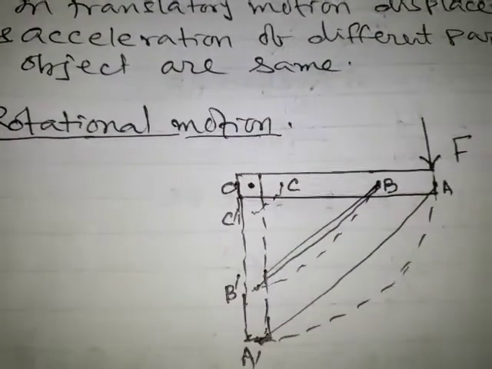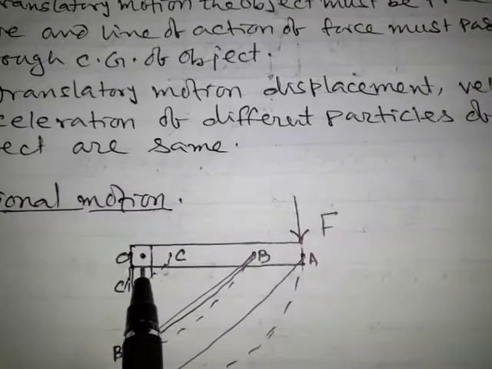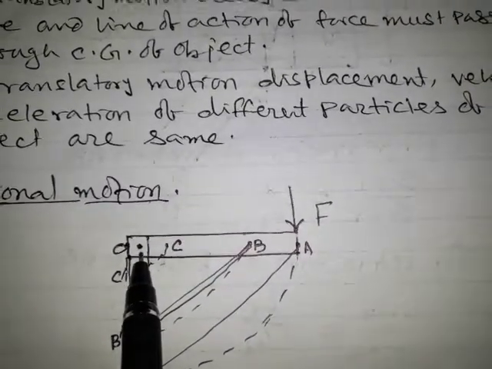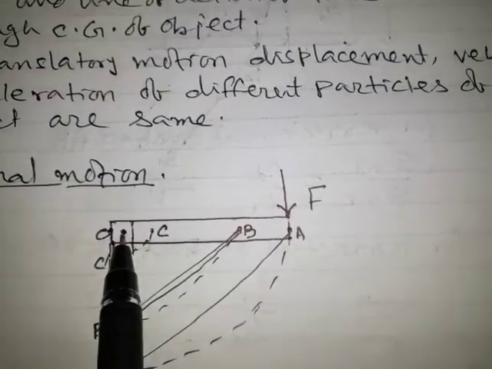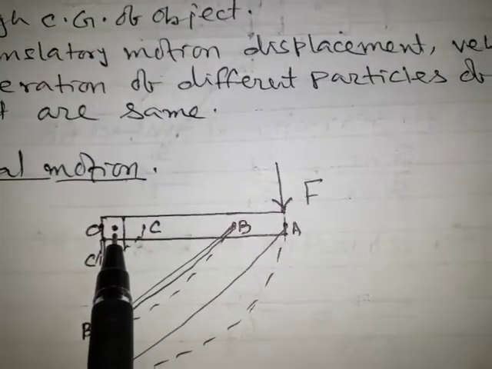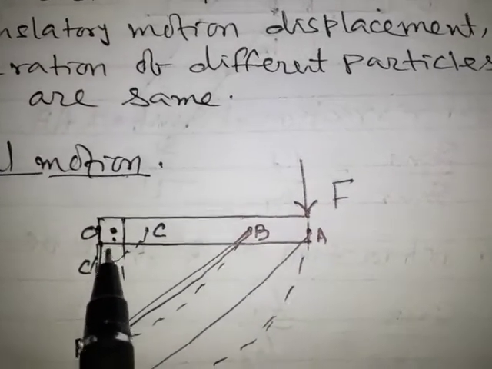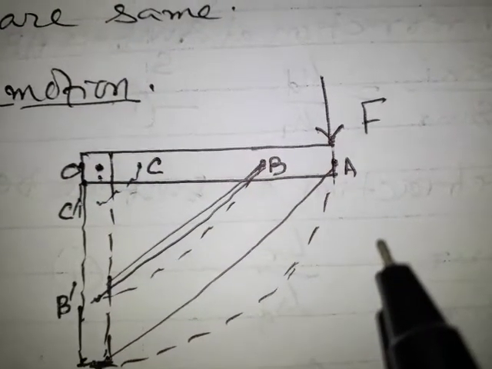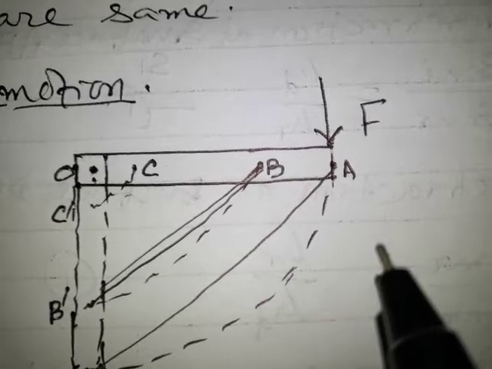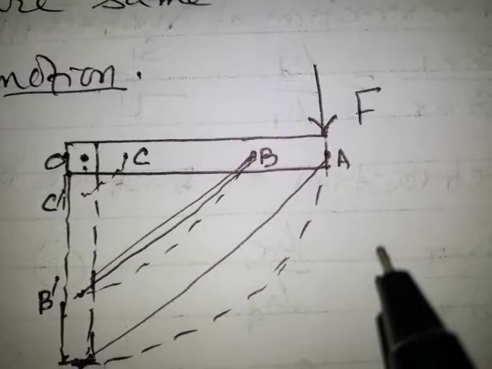In rotational motion, the object is free to rotate about a particular fixed point, and this point we call either fulcrum or knife edge. It may be free to rotate about a line also, like the door. The door is free to rotate about a line along the line joining the hinges, that we call axis of rotation.